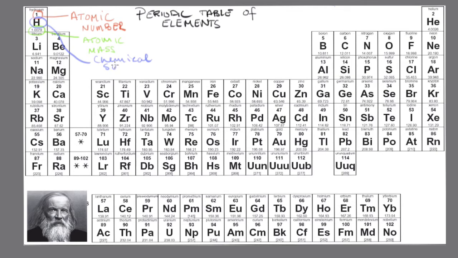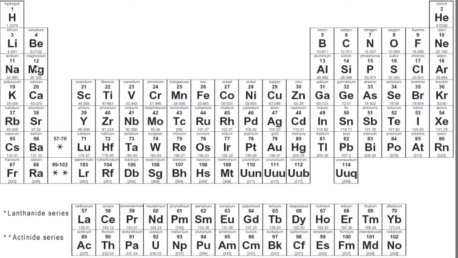And each element has its own chemical symbol made up of either 1 or 2 letters. And if there's 2 letters, for example, helium here in the top right corner, then the first letter is always capital and the second letter is always lower case.